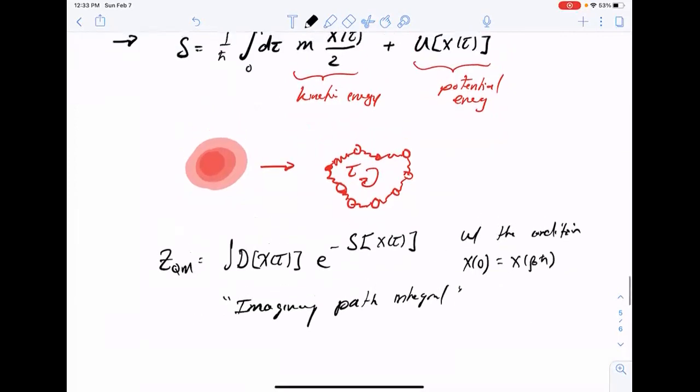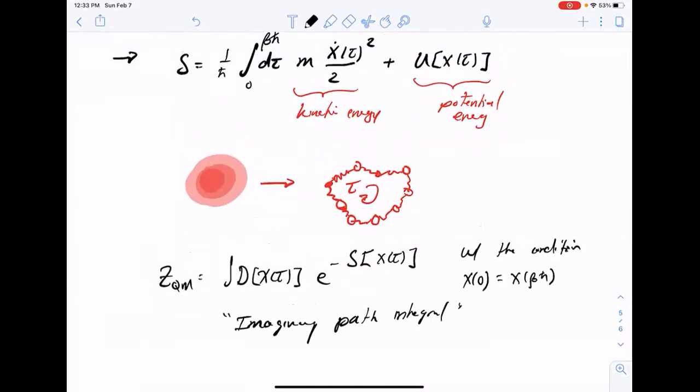And to compute it just requires us to study classical mechanics. The classical kinetic energy is a time derivative of some position, plus the potential energy along that path. But now for each place the particle can be, there are little loops, little trajectories that act to delocalize that particle, introducing all of these extra degrees of freedom.